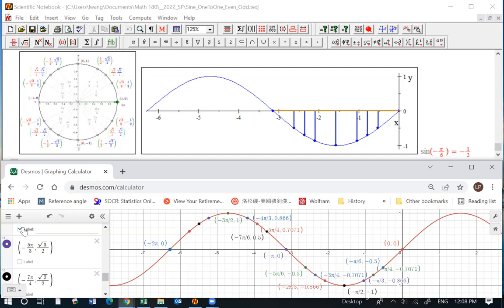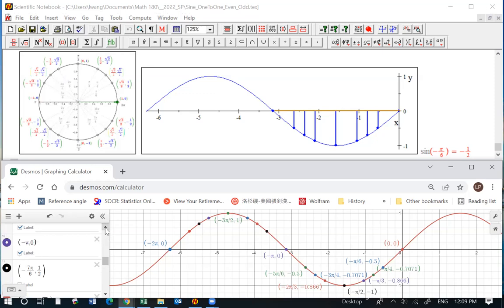Yeah, so we got these points. I'm saving the negative 3 pi over 2, right? And 4 pi over 3, I'm going to take that off. Negative 5 pi over 4, I'm going to take that away. And negative 7 pi over 4. You can just play with it.